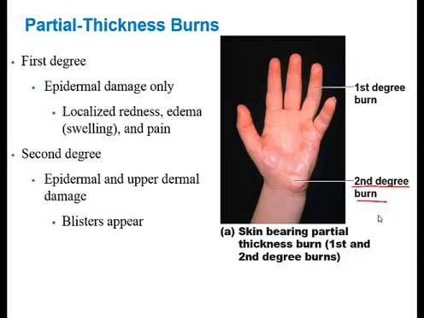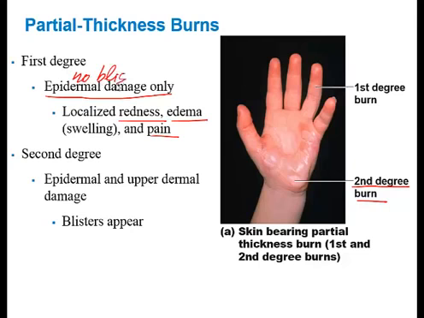In the first-degree burn, there is usually going to be epidermal damage only. It's localized redness, there is swelling, edema, and there certainly would be pain. In first-degree burns, there are no blisters.